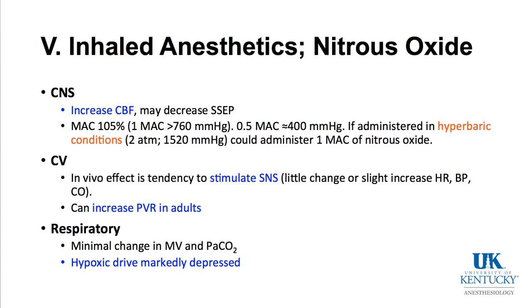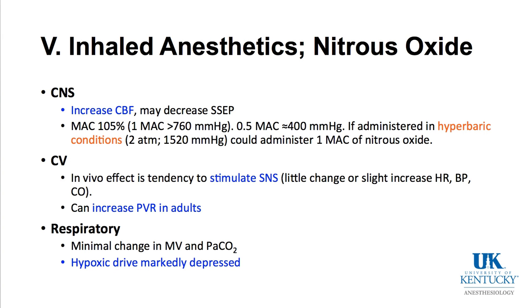First, nitrous oxide. What does nitrous oxide do to the central nervous system? It increases cerebral blood flow. Remember, the volatile anesthetics, DES, ISO, and Sevo, also increase cerebral blood flow, while the intravenous agents, except ketamine, decrease cerebral blood flow.